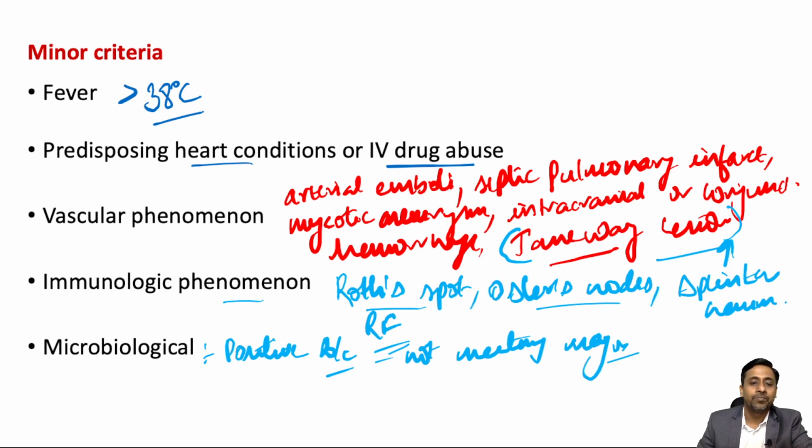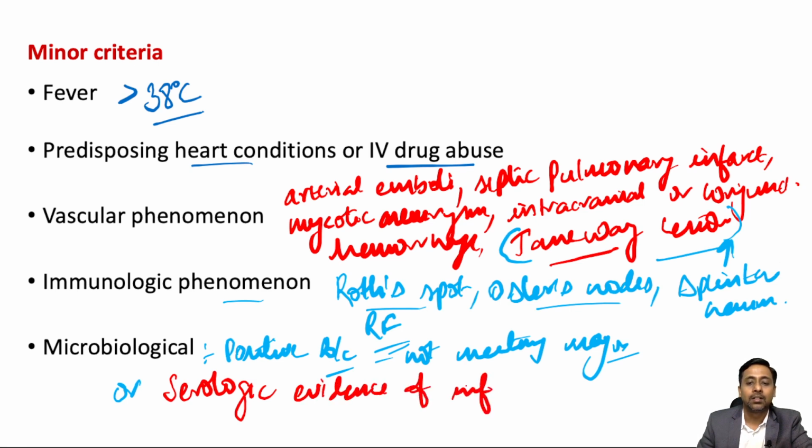So positive blood culture is there but not meeting the major criteria, or serologic evidence of infection with a microorganism commonly associated with infective endocarditis.